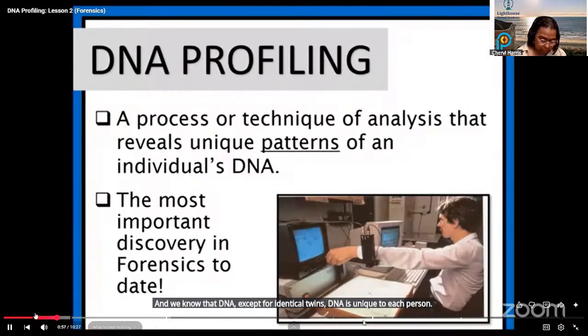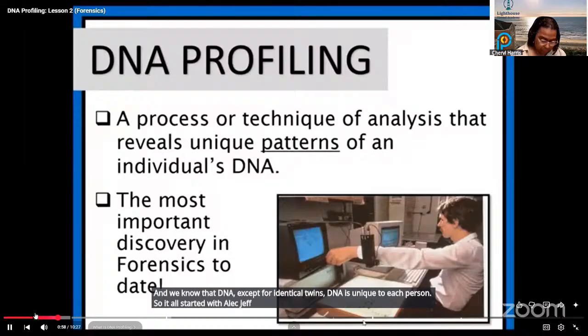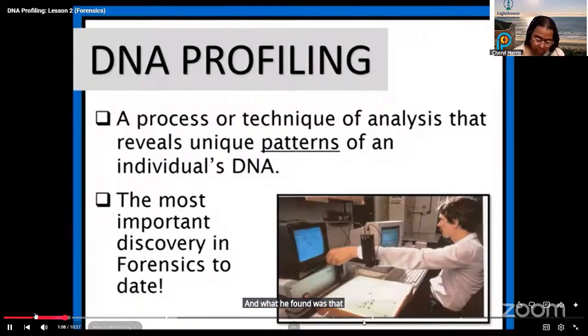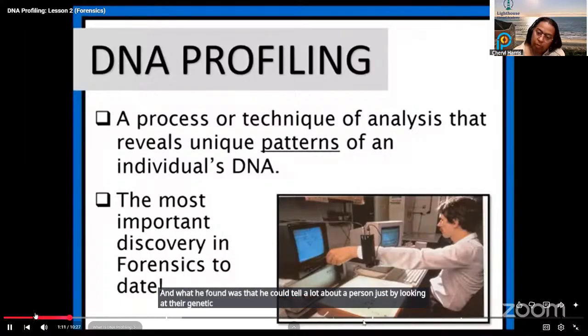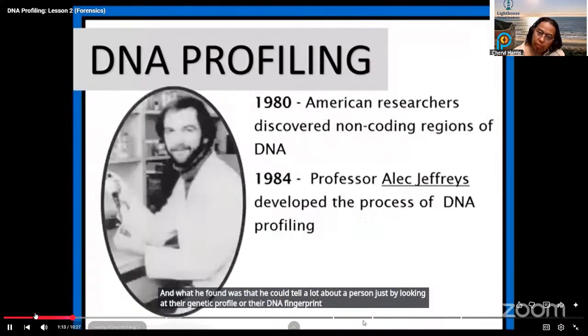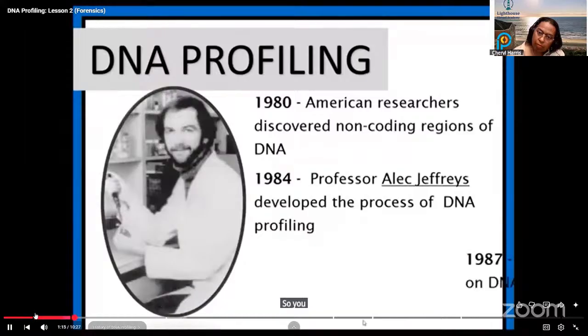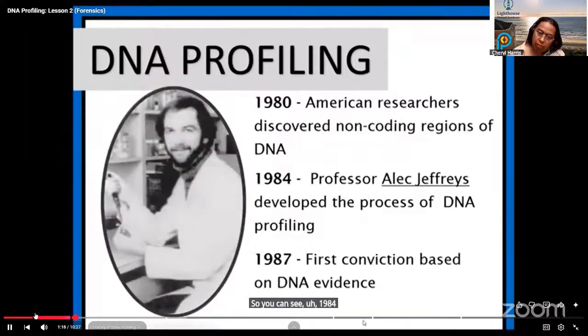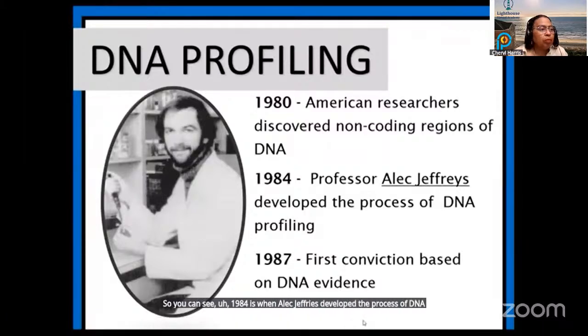So it all started with Alec Jeffreys back in 1984, and he was in his lab working on X-ray and DNA. And what he found was that he could tell a lot about a person just by looking at their genetic profile or their DNA fingerprint. So you can see 1984 is when Alec Jeffreys developed the process of DNA fingerprinting or DNA profiling.